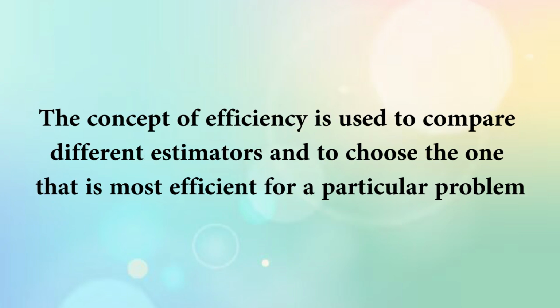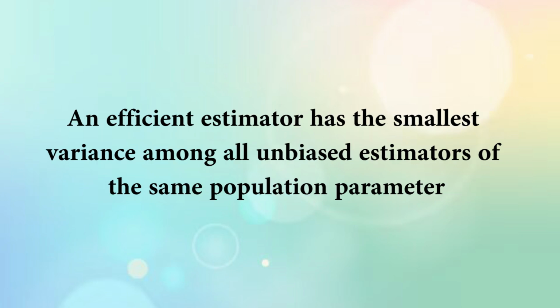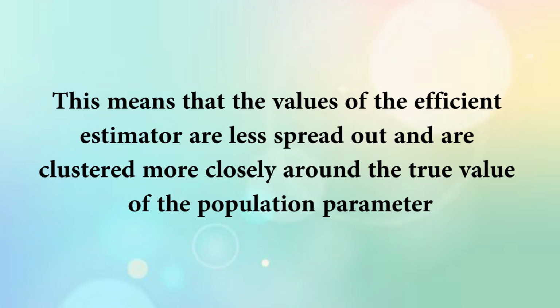The concept of efficiency is used to compare different estimators and to choose the one that is most efficient for a particular problem. An efficient estimator has the smallest variance among all unbiased estimators of the same population parameter. This means that the values of the efficient estimator are less spread out and are clustered more closely around the true value of the population parameter.